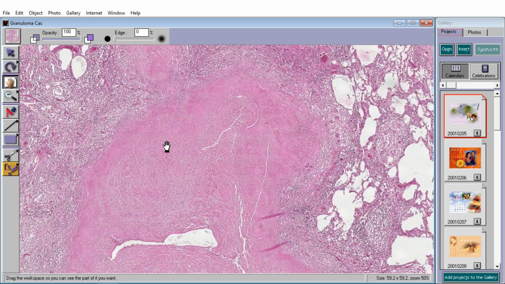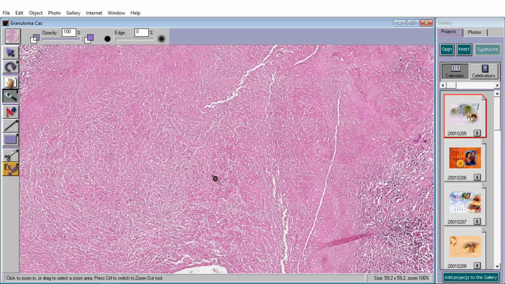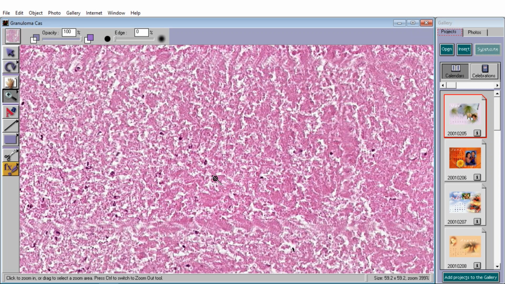Do you see how the whole inside of this big granuloma is necrotic? In other words, you can hardly even make out any cellular outlines. This is necrotic debris. This is coagulation, or I guess because if you thought it was tuberculosis, you could call it caseating necrosis or caseous necrosis or caseating granulomas.